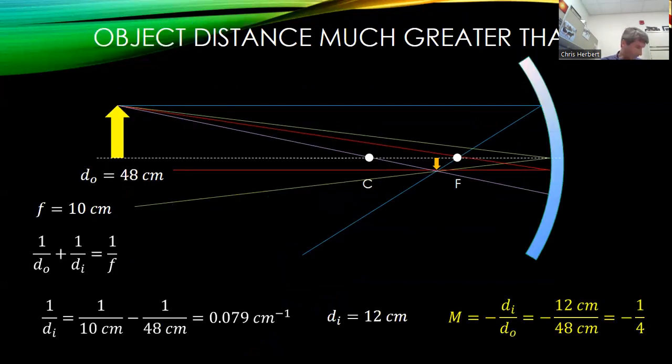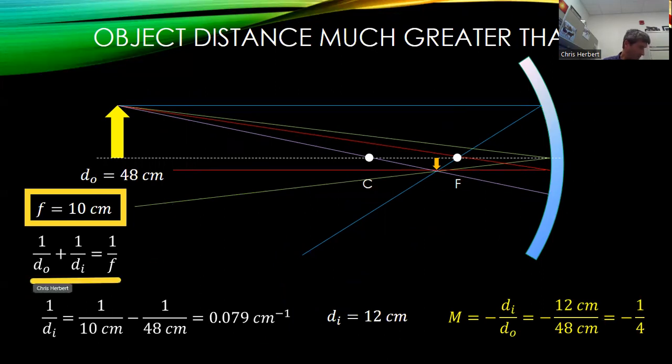So we've already determined, given a radius of curvature of 20 centimeters, that our focal length is 10 centimeters. I'm now going to use the mirror equation, this equation right here, to locate the distance of the image. And what we're going to do is solve for DI.